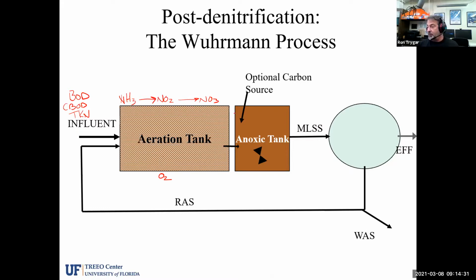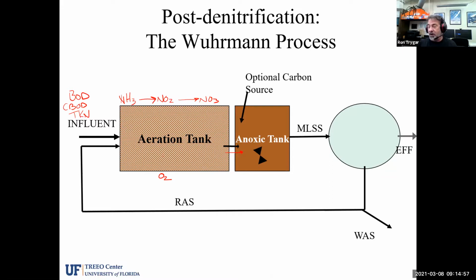So the nitrate flows into the anoxic basin, and it says that we would add an optional carbon source. The reason we would add that is because the carbon has been used up in the aeration tank under oxidative processes. So we've used up all the BOD. We're going to have to add something here to get the bacteria motivated to use the nitrate as the oxygen source.